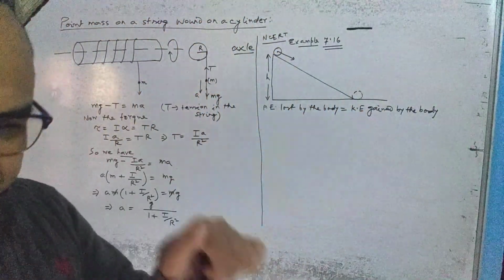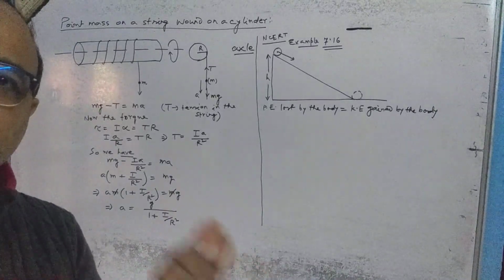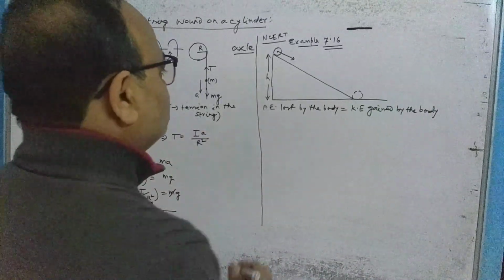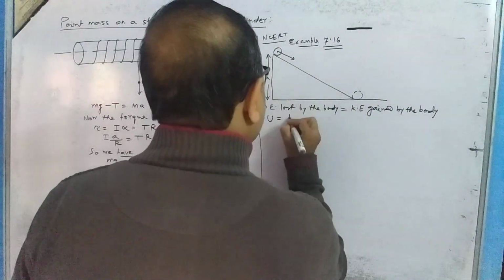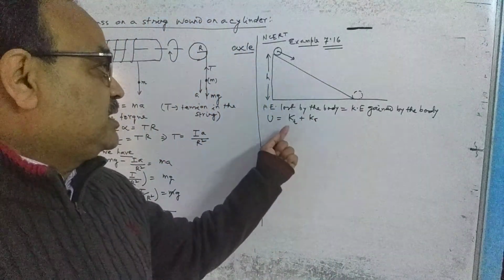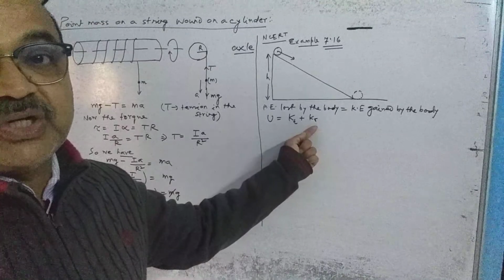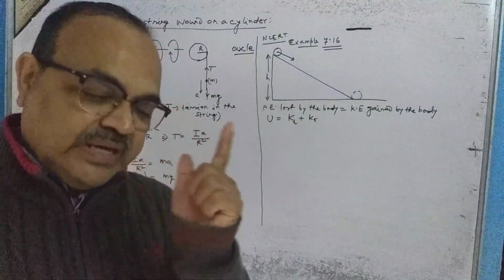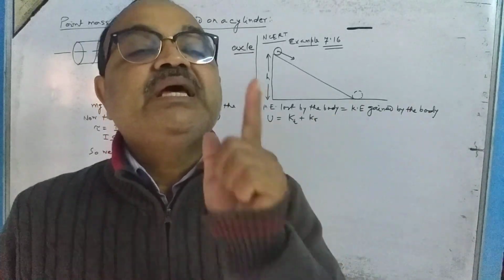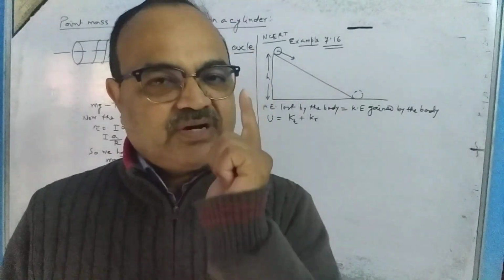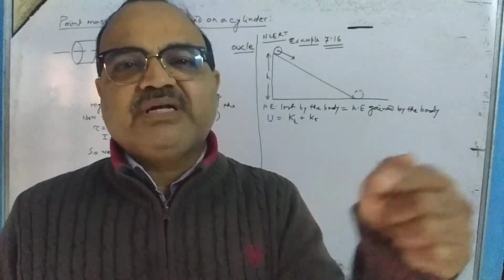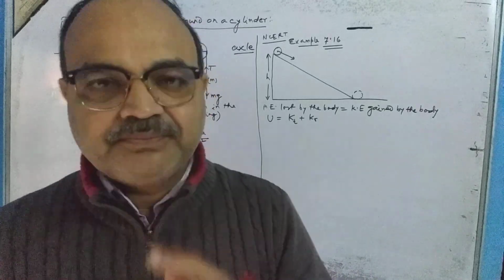According to the transformation of energy, potential energy will be lost, kinetic energy will be gained. Potential energy U, kinetic energy KT plus KR. One is translational, another is rotational. I have mentioned it before. If it is rolling, in the pure rolling case, then rotational motion and translational motion both will be associated: rotational motion and translational motion of the center of mass.